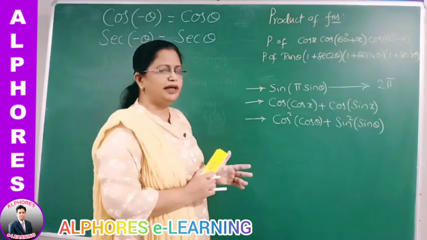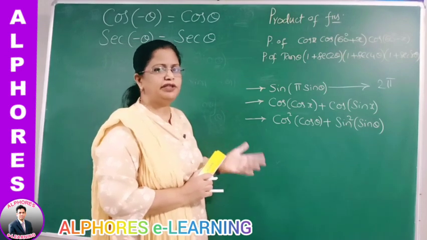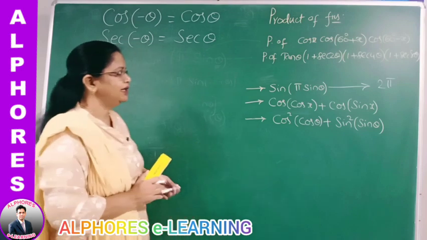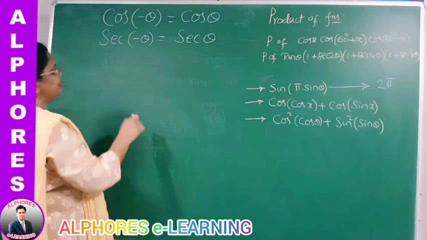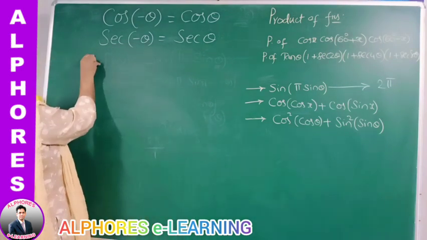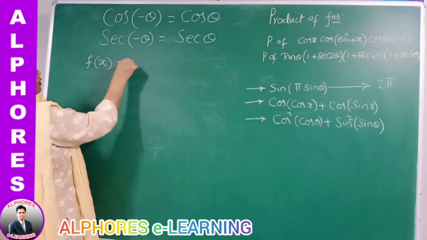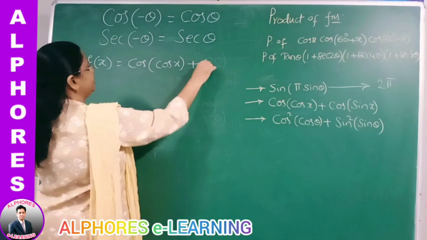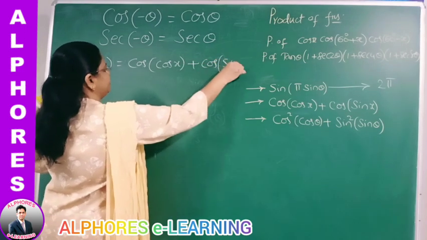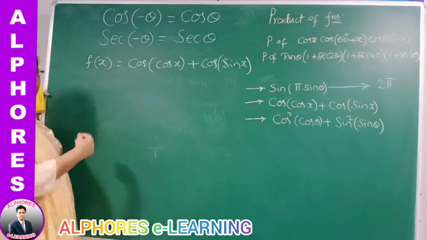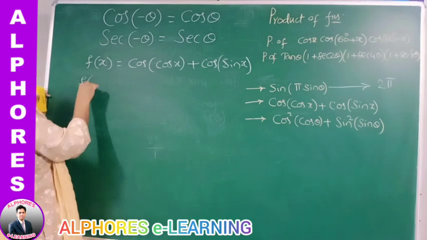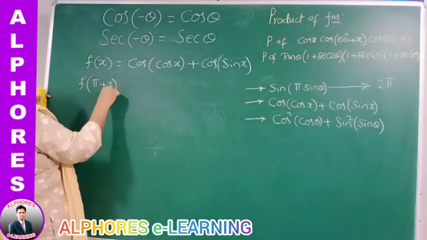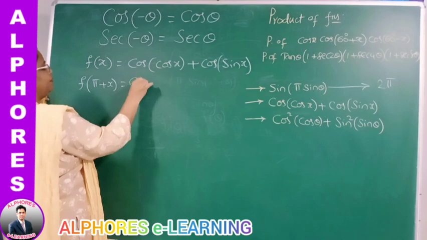Cos x period is 2 pi, sin x period is 2 pi undoubtedly. But at the same time you have to search for lesser possible values. Suppose instead of 2 pi, I am just observing pi. Understand? That is f of x is cos of cos x plus cos of sin x. Now what is my observation here? Whether a lesser value is possible or not, that is f of pi plus x. Then what is cos of 180 plus x?